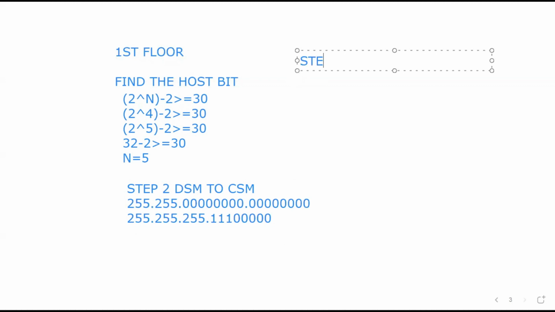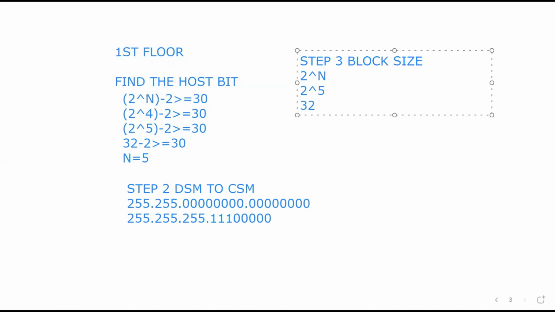Then step 3, block size. 2 to the power n, 2 to the power 5, which is 32.